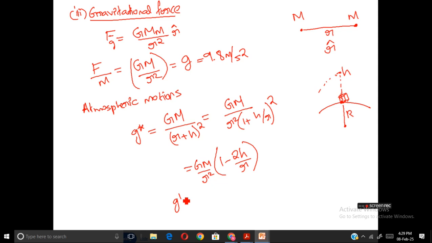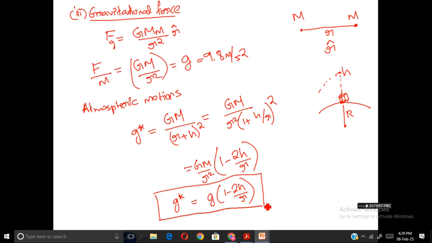So g star, the acceleration due to gravity at the height h, is the acceleration due to gravity at the surface into 1 minus 2h by r. For an air parcel at a height h from the surface, this will be the value of acceleration due to gravity.